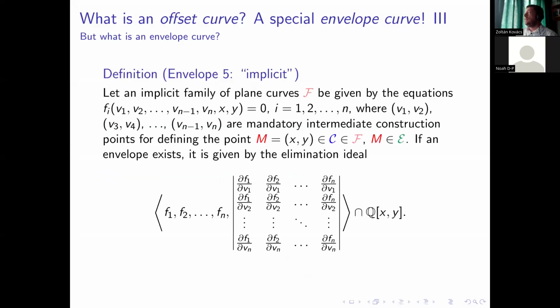And therefore, we need something like an implicit definition. So at first sight, you may think, yes, it's a monster definition. It is. It's quite big, but this is what we are doing. Well, we consider a family of plane curves, and we require for them so-called intermediate construction points. This family of plane curves requires really a lot of steps, or some steps in some cases.